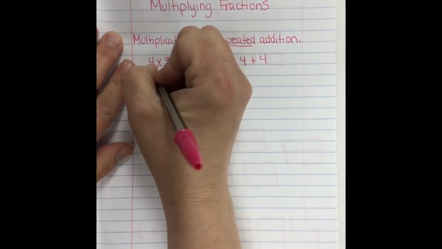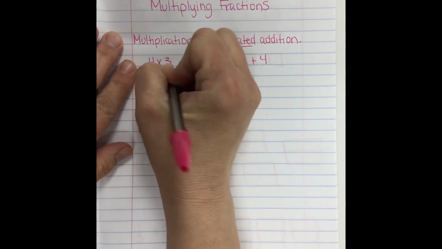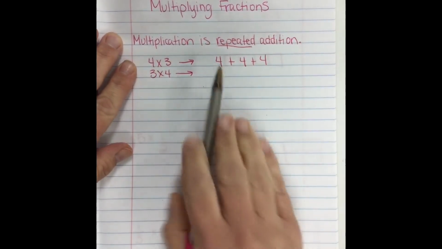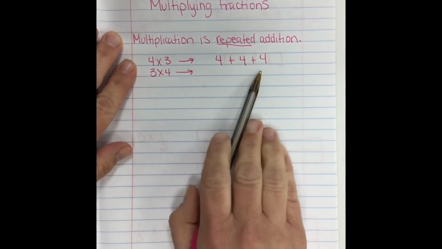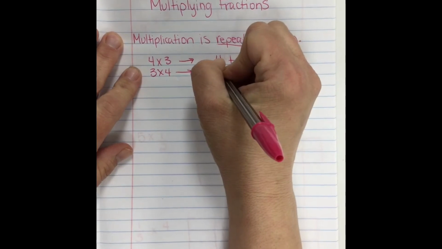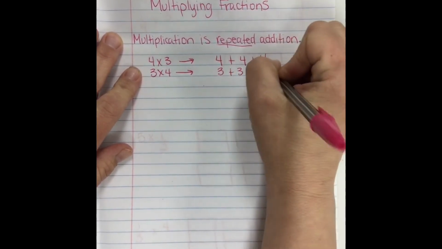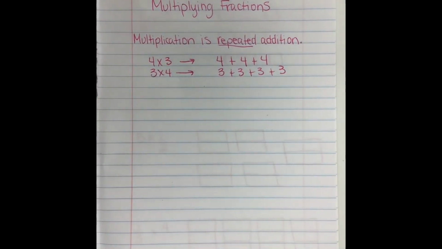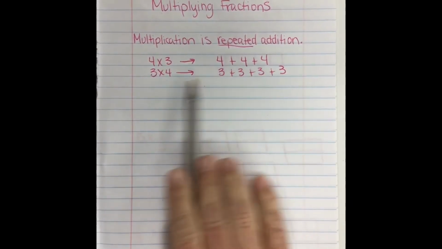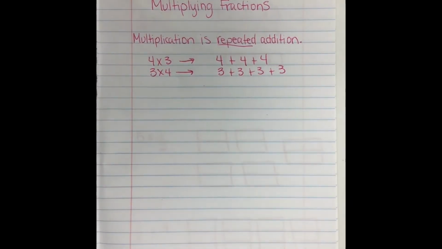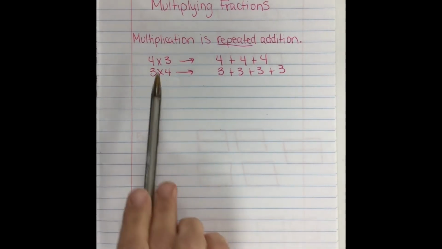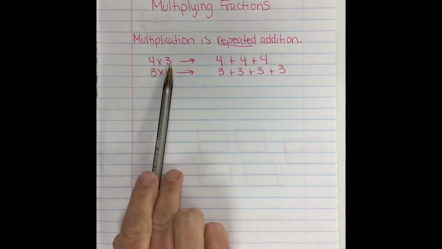And if I was to flip that and say 3 times 4, it's still the same. It's still 4 plus 4 plus 4. Or you can use the 3 and say 3 plus 3 plus 3 plus 3. I have to add one more because I'm going to write the number 3, 4 times. Okay? Repeated addition, where you pick one of the numbers and you write it this many times.